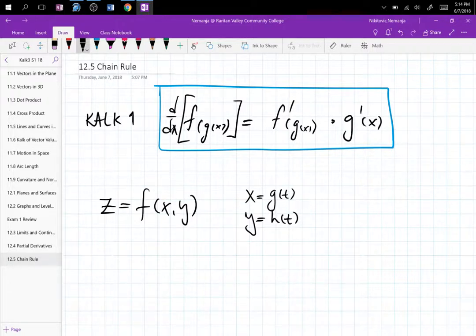I have a function that is three-dimensional in nature, right, because you have x, y, and z. It has a two-dimensional input, the two-dimensional domain, one-dimensional output, so 2 plus 1 is 3, so 3D. But then each one of these x and y is parametricized through parameter t.